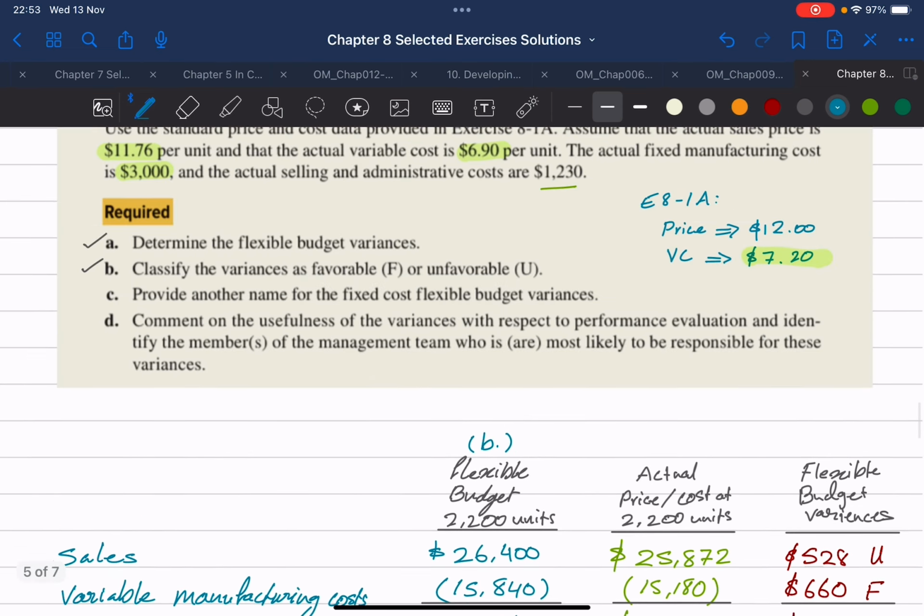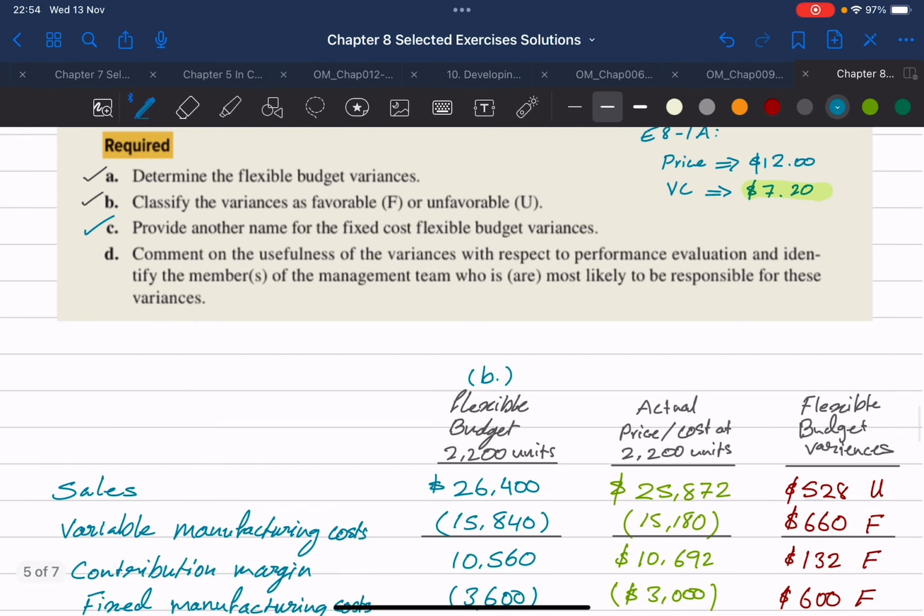Okay. Last part, D, it says comment on the usefulness of the variances with respect to performance evaluation and identify the members of the management team who is or are most likely to be responsible for these variances.